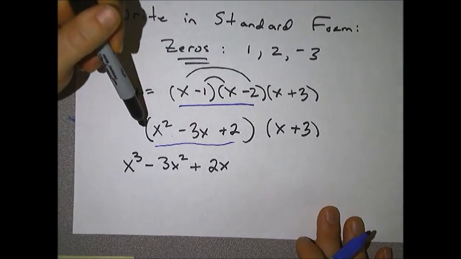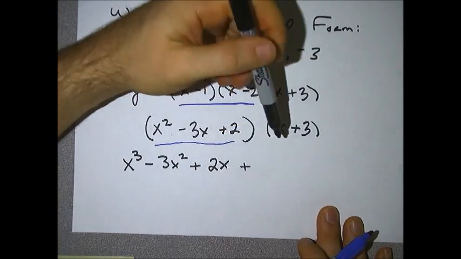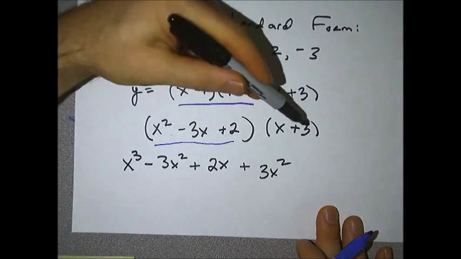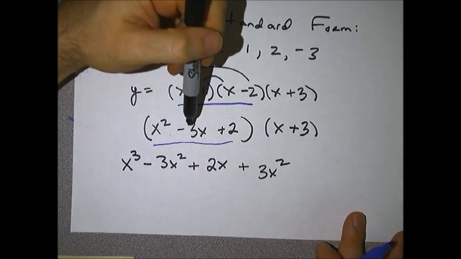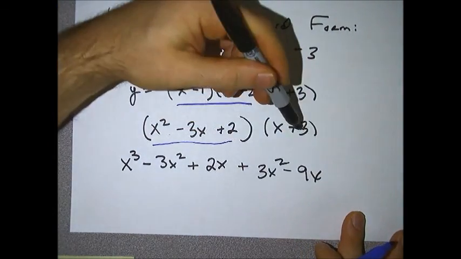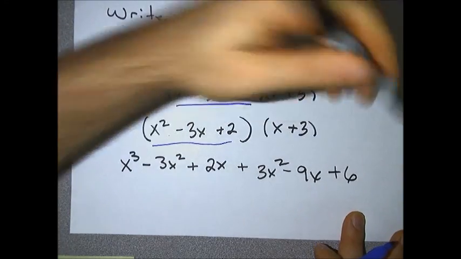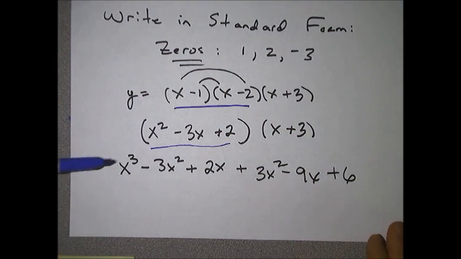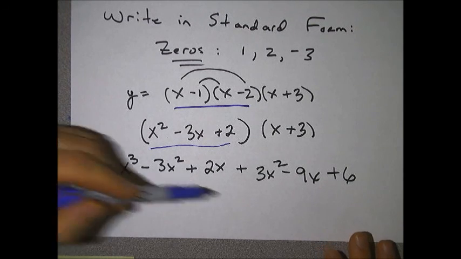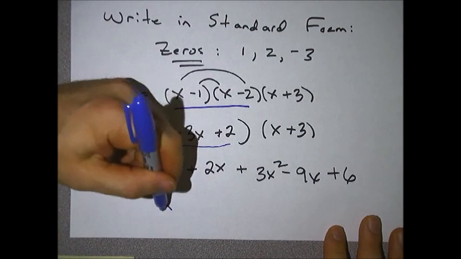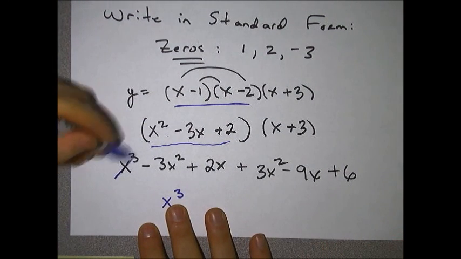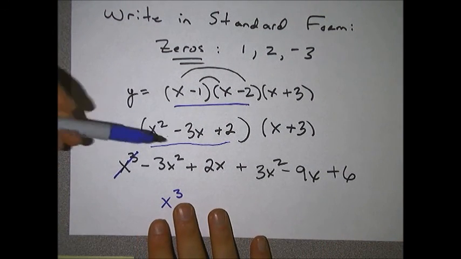So 3 times x squared is 3x squared. 3 times negative 3x is negative 9x. And 3 times 2 is a positive 6. And now you look at the terms you just listed and see if anything can combine. X to the third. There's no other third terms, so x to the third. And whenever you use one, I like to scratch it out so you don't see it anymore.